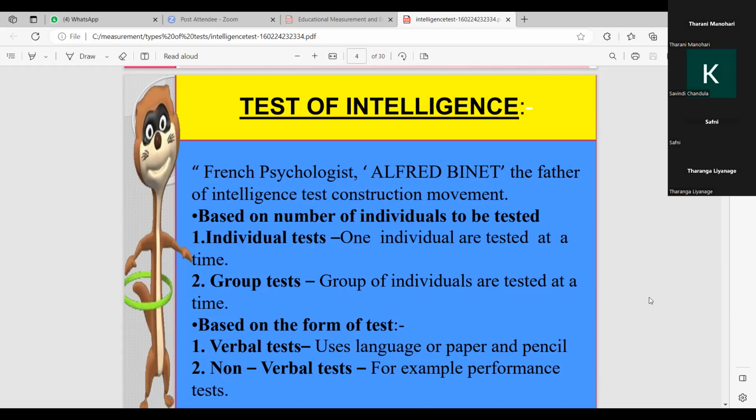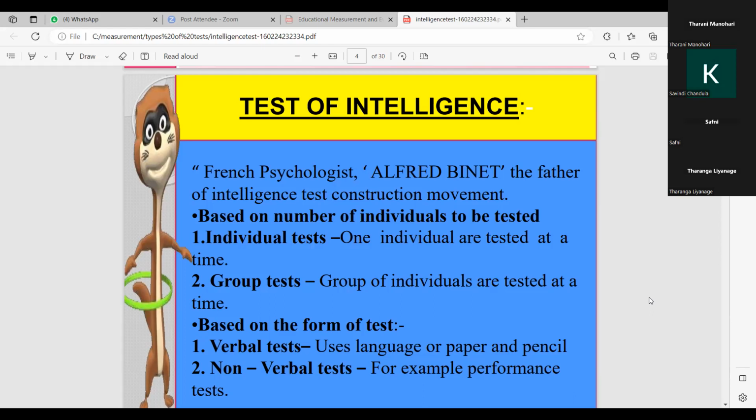Even a written paper test is an individual test, because every candidate gets an individual copy of the paper, and they have to work individually. They can't get support from anywhere else. So that is individual.